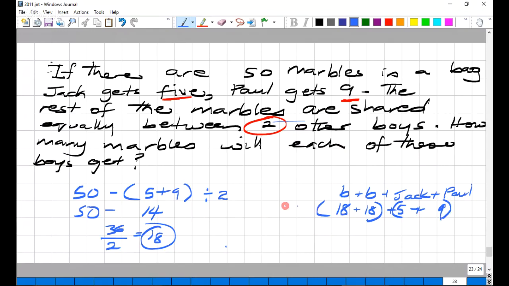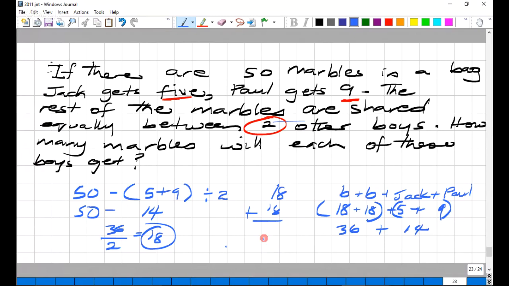So we need to work out 18 and 18 plus 5 and 9. So 18 and 18 will give us what? Sir, 36. 36 plus 9 and 5, or 5 and 9. 14, sir.